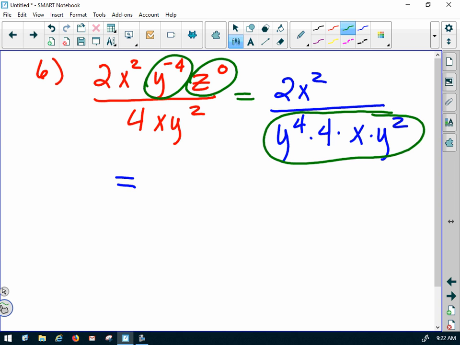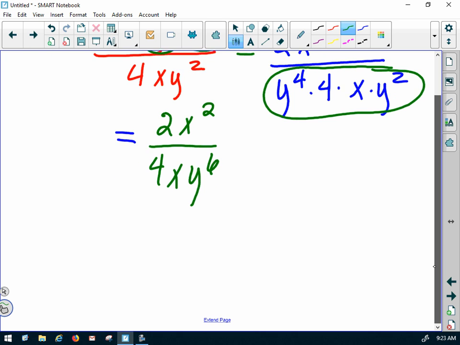So this is 2x squared divided by 4x y to the sixth power. Do you have any questions? All right. We're almost done here.